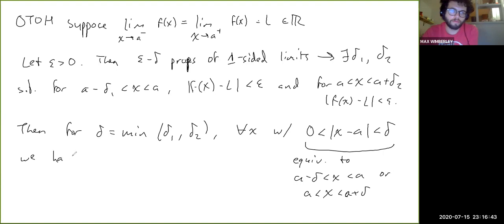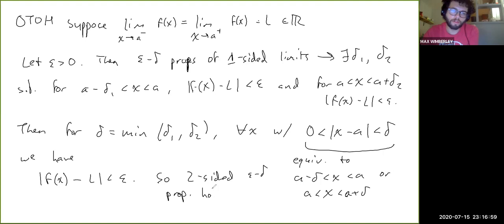So we have absolute value of f of x minus L less than epsilon. So the two-sided epsilon-delta property holds, and the limit as x approaches a of f of x equals L. The reason it equals L is just because that's the same L that shows up in the epsilon-delta property. So the fact that we proved the epsilon-delta property for the two-sided limit with the same value of L means that it equals the same L.